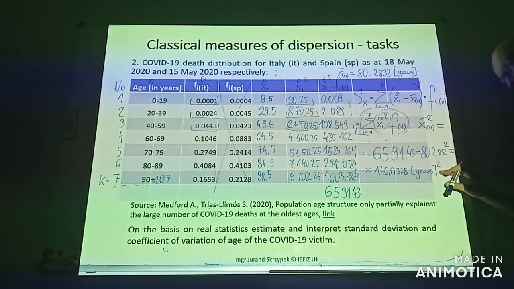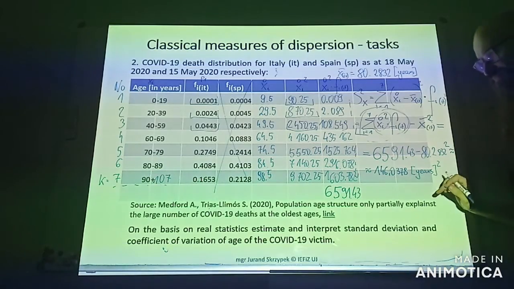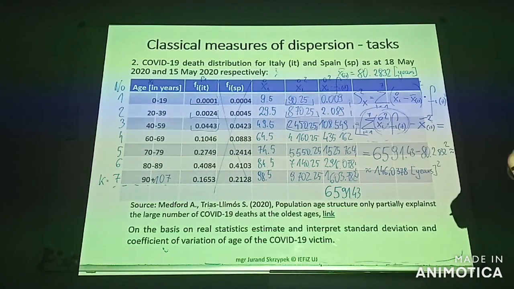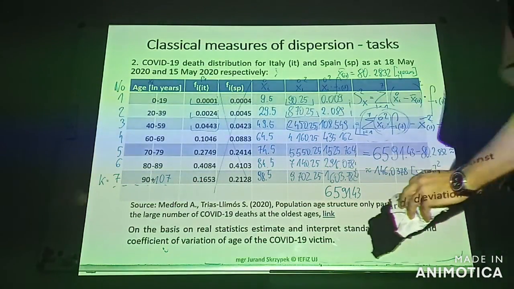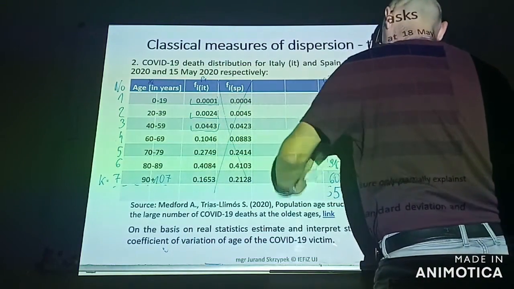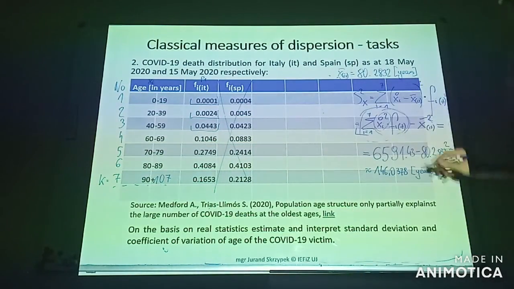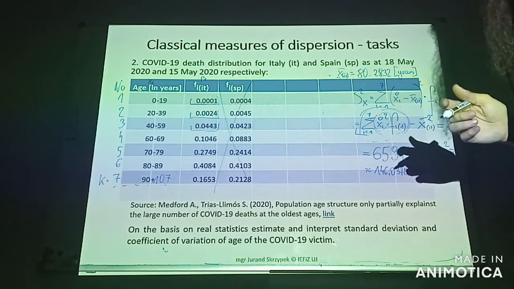The unit years squared has no interpretation. Yeah, so we need to compute standard deviation. I need more space. I can delete this content. This is the variance of age of Italian COVID-19 victims.